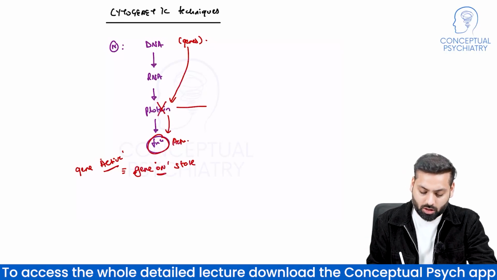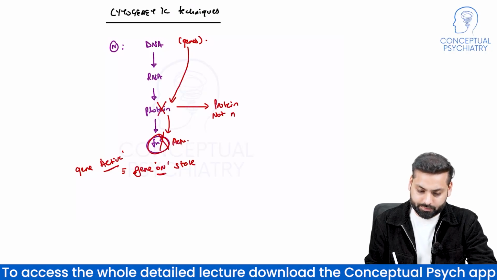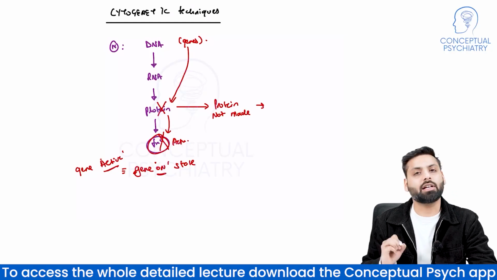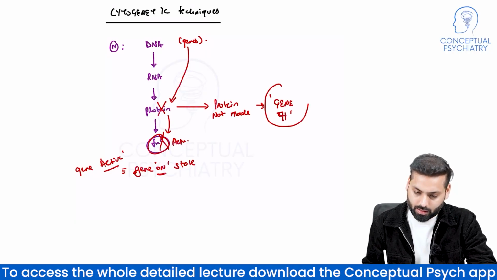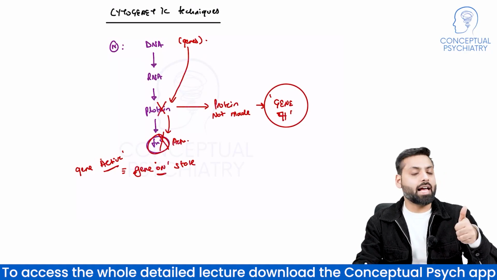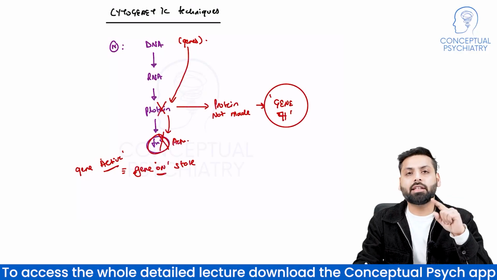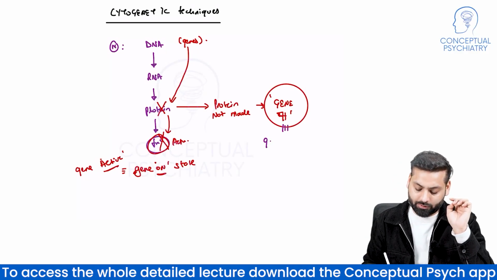If the protein is not made, function will not be done. That will be a gene off situation. As soon as I switch off the button, the fan stops rotating. Gene off state means the gene is inactive.